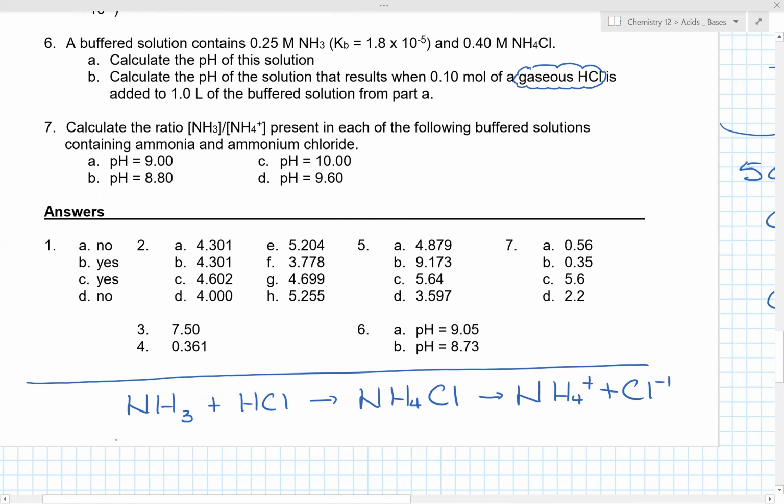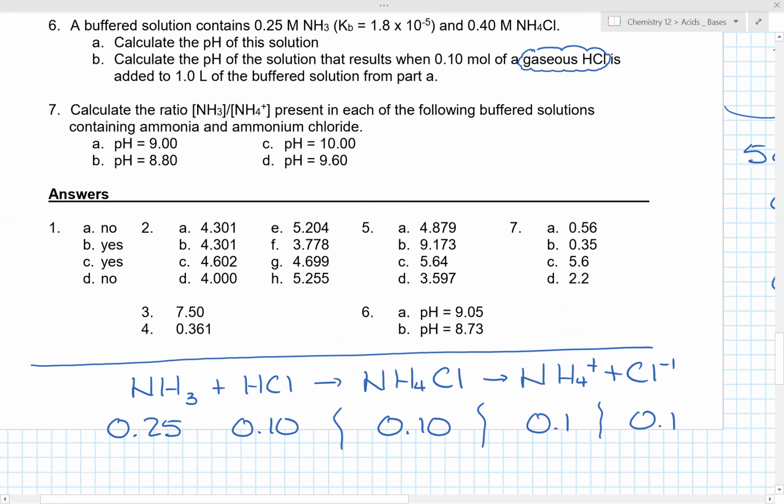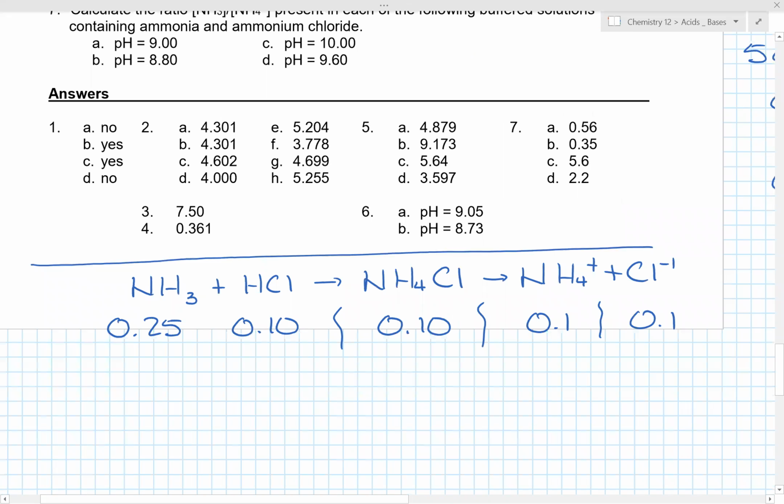So in this case, if you have 0.25 reacted with 0.1, here you would produce 0.10, which means that you have 0.1 and 0.1 of the NH4 and Cl. Now, we're calculating what's reacting.